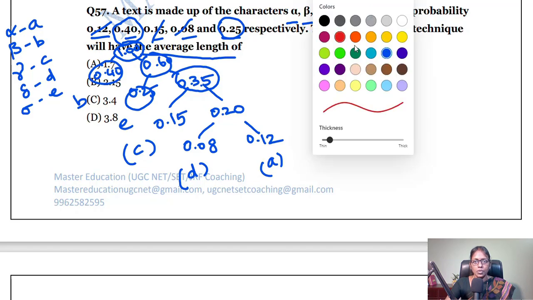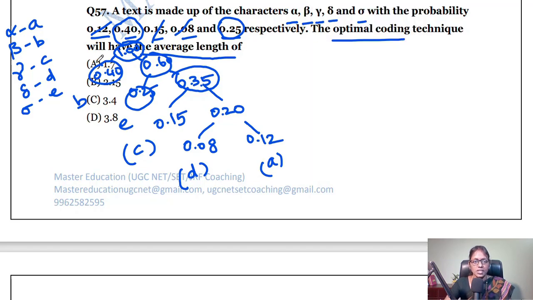Now you have to write the code: if it is on the left side, write 0, and if it is on the right side, write 1. Understood? So this is E, this is B, this is C, this is D and A. Now write the code for each.